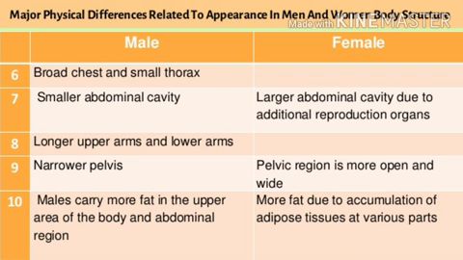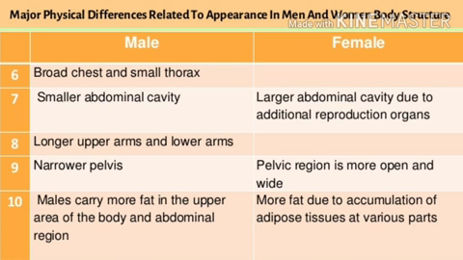That's why the uterus is in females, not in males. That's why females have a large abdominal cavity and males have a small abdominal cavity. Next is upper arm and lower arm. Males have longer upper arms and lower arms in comparison to females.